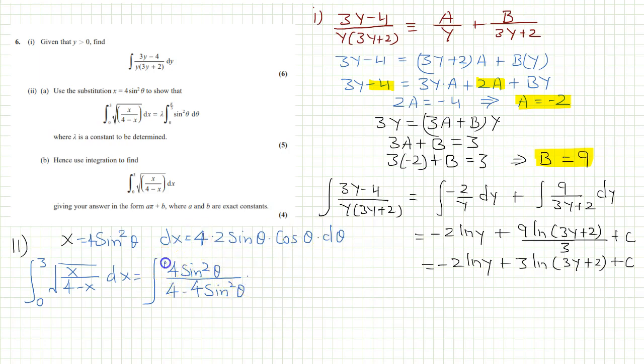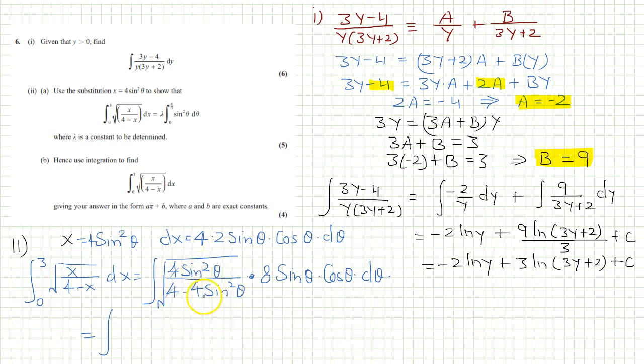This 4 cancels, and 1 minus sine square theta will be cos square theta.